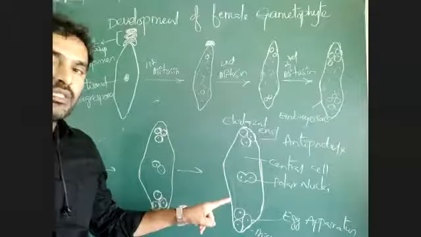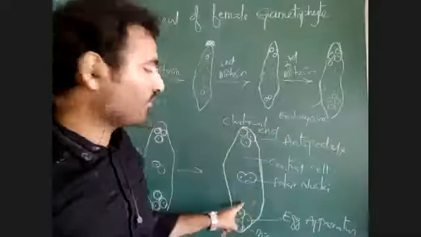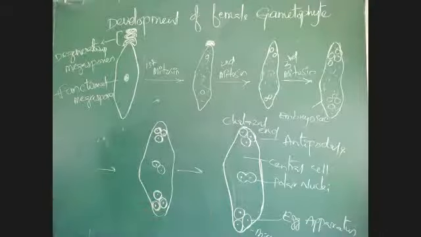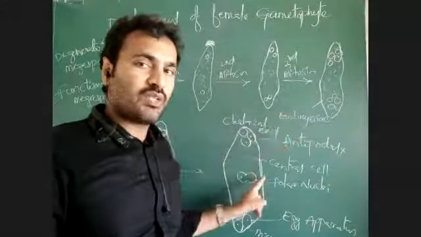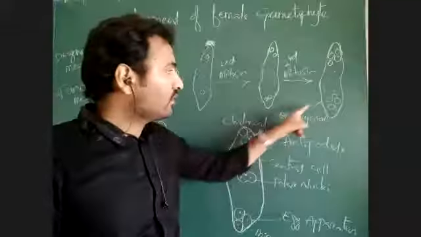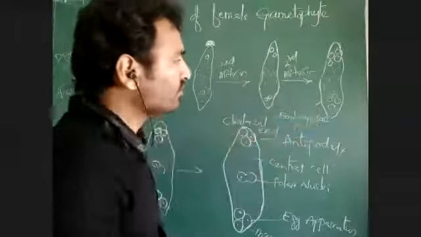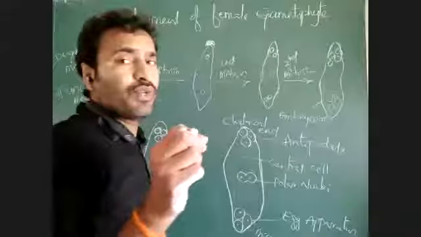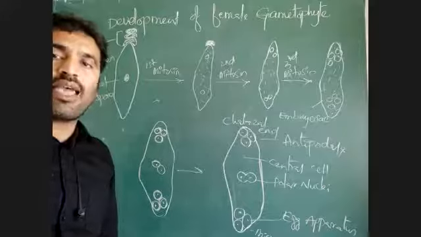Now the point is, why is this a female gametophyte? This is an embryo sac only, but the embryo sac at a matured state is called a gametophyte. This young embryo sac is not a female gametophyte. Why? Gametophyte is a stage or generation that has gametes.